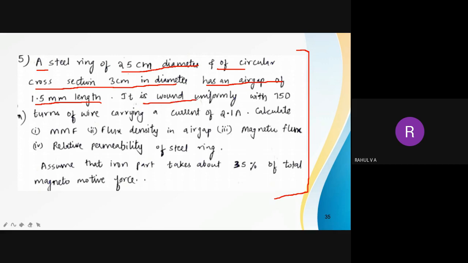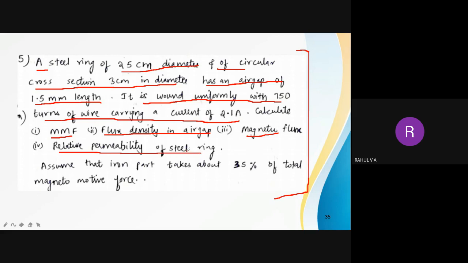It is wound uniformly with 750 turns of wire carrying a current of 2.1 ampere. Calculate MMF, flux density in the air gap, magnetic flux, then relative permeability of steel ring.